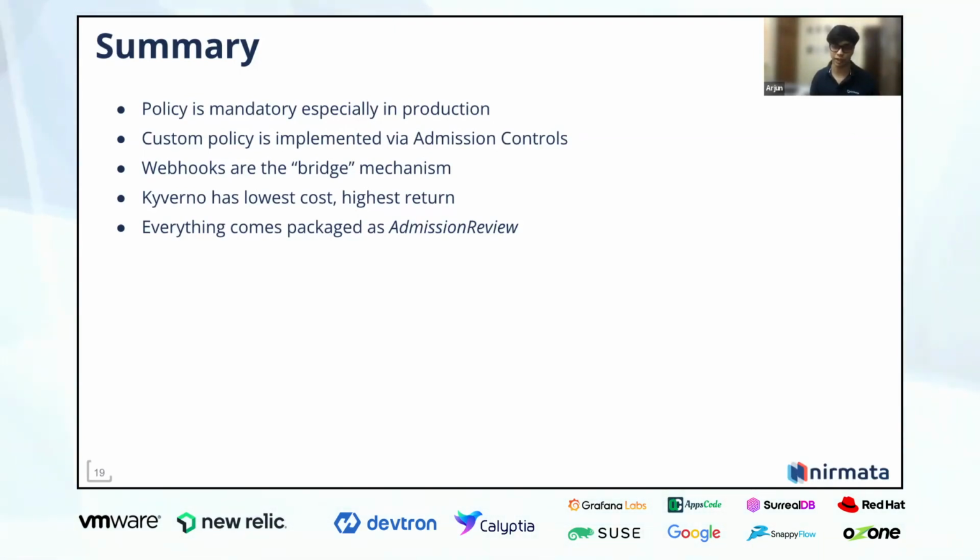We have the native policies that you can do with Kubernetes, such as pod security admission. We'll talk about them later as well. But then you need something granular when you're talking about policies in large clusters. So usually that's where Kyverno or OPA Gatekeeper or other policy engines come in. And webhooks are basically the bridge mechanism. That is to say, they define which requests go to which admission controllers, where those controllers are defined, and so forth.